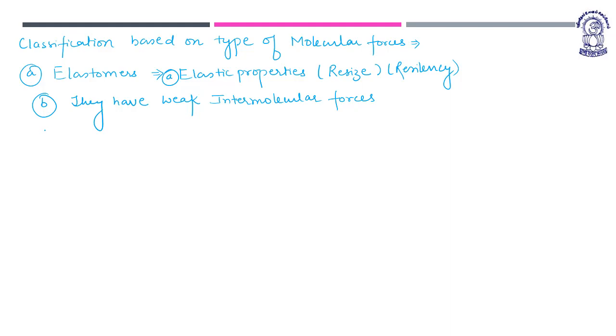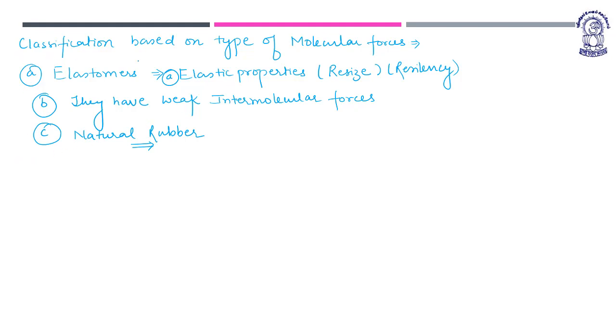Because of these weak intermolecular forces, they can easily come back to their original shape. An example is natural rubber, a polymer of isoprene, polyisoprene.